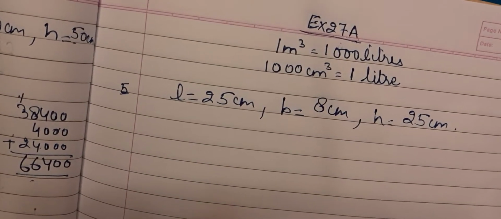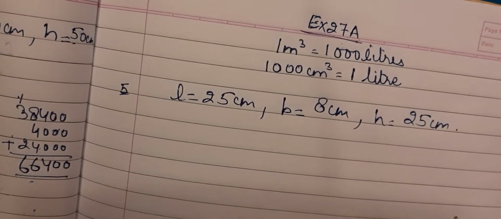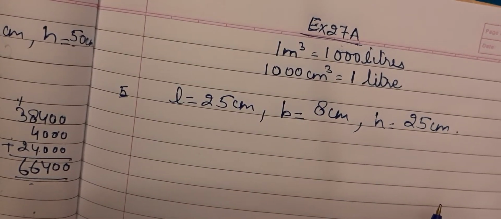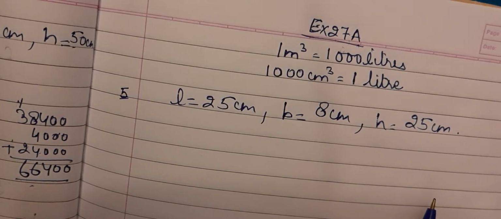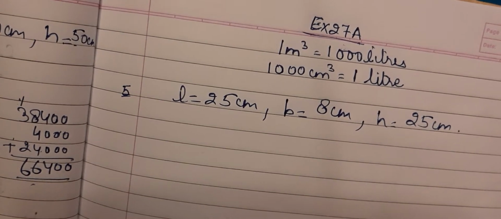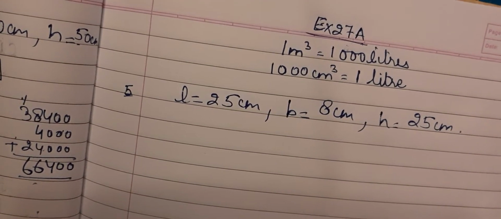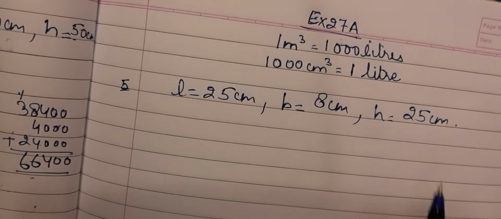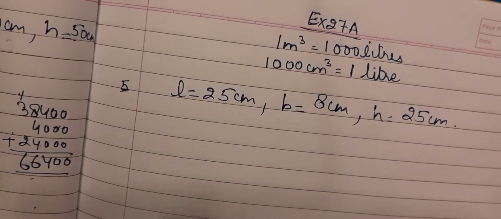Now in this container having this much length, breadth and height, 2 liters of petrol is poured into it. What is the depth of the petrol in the container? It means you have to tell how much height will be occupied by the petrol in the container, and the total height of the container is 25 centimeter.